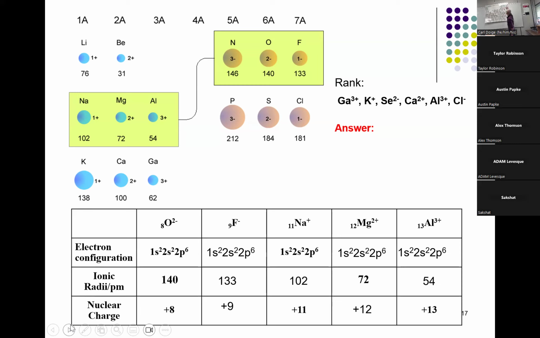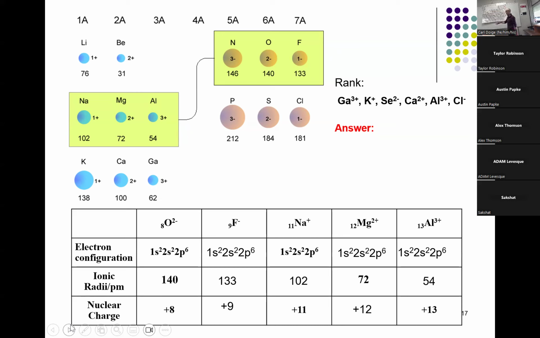But we don't stop there. We compare these ions to the cations that are here. We can go as far as aluminum, because these ions up to here will all have the exact same electron configuration as the nearest noble gas, which is neon.